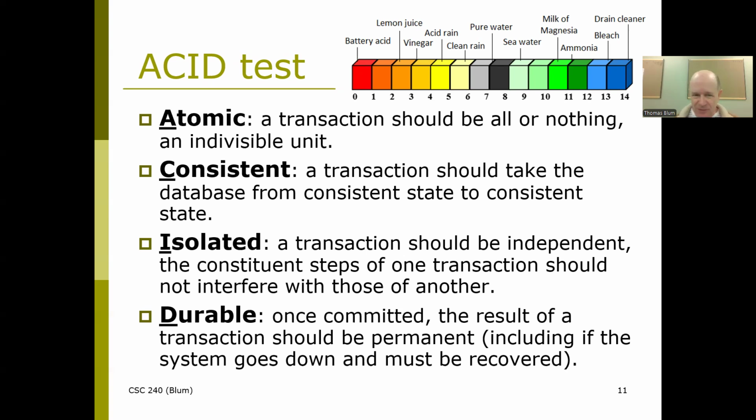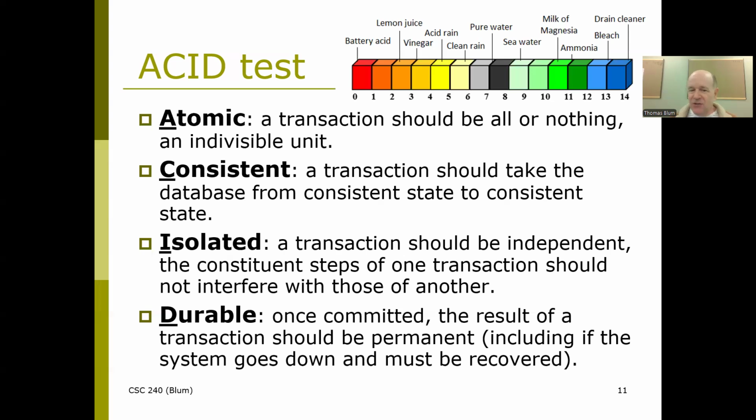Consistent, it should take us from consistent state to consistent state. We've been talking about those two. And then isolated, that's going to be more interesting, and as we go through the next talk or video or two on transactions, this will become more important.